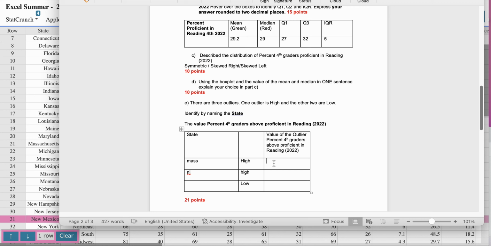And Massachusetts, the value was 40%. And again, we're talking about 8th grade, not 4th grade. 40%. And then we've got 42%. And then the low outlier was New Mexico.